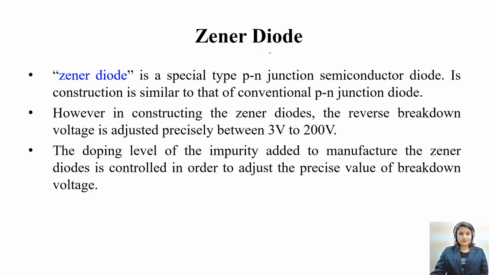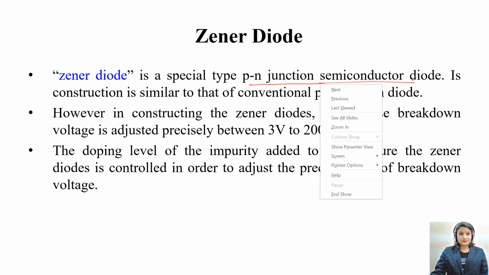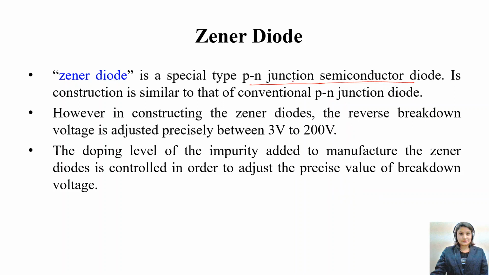See here, how the Zener diode is made. The Zener diode is made by using PN junction semiconductor diode, right? So, a scientist named Zener has done some experiments.